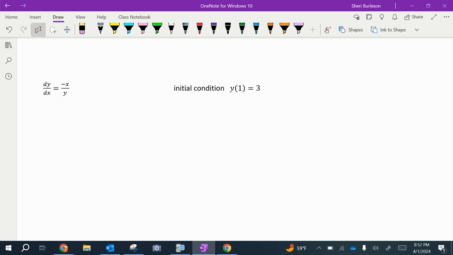If you want to try, what I would like for you to do is separate. This is separable. So separate the x's and the y's and then integrate, and then unpause the video and see if you did that correctly. And then there's one additional thing I want to show you with this problem.